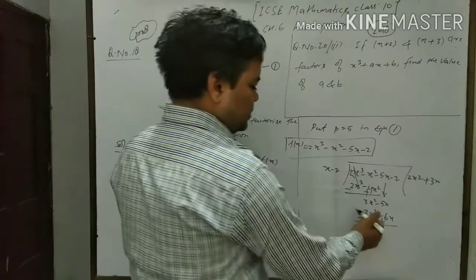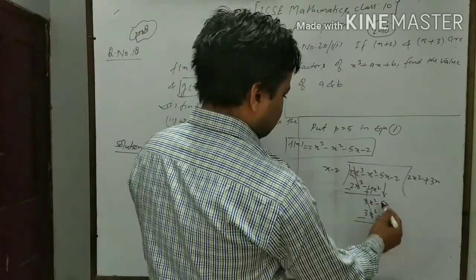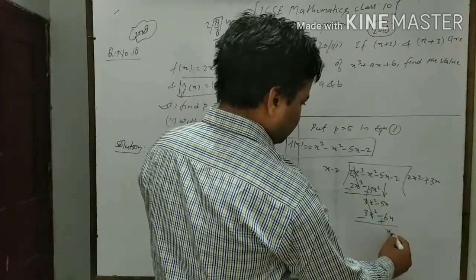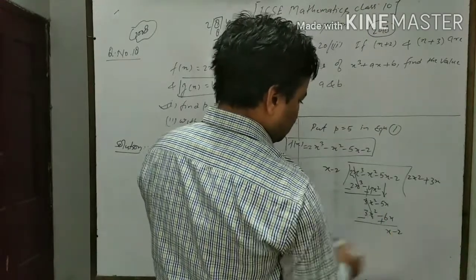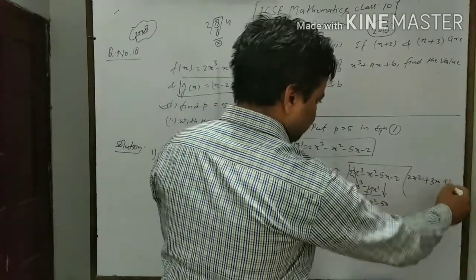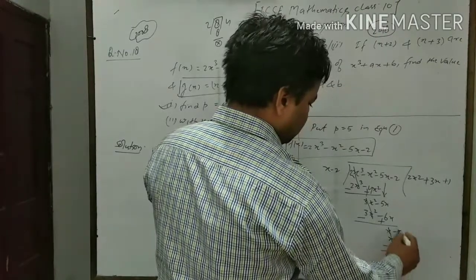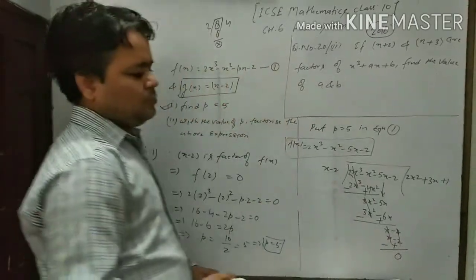So here the sign will be changed, minus, and here it will be plus 6x and minus 5x, that will be x, and take the last one, that is 2. First term x divided by first term x, that will be plus 1, and it will be x minus 2, negative, positive, cancel, and it will be 0.